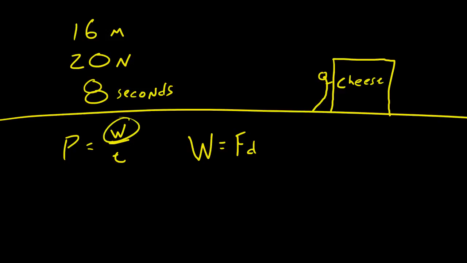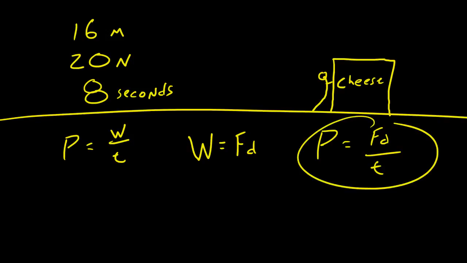Since we don't have the work, because we have distance, force, and seconds, let's substitute this W for what work is equal to, in other words, force times displacement. So power not only equals work over time, but power is also equal to force times displacement over time. It's pretty much the same thing, except we substitute force times displacement for work.